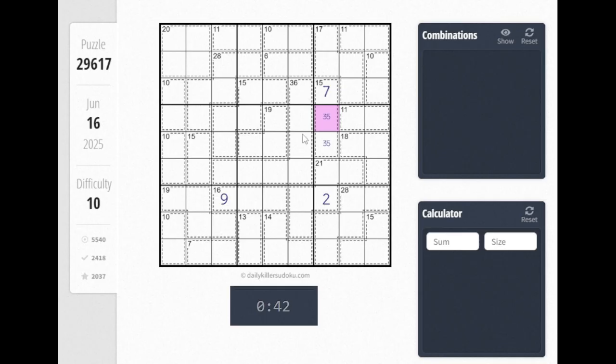Yep. 1, 2, 3, 4, 5, 6, 7. Not long enough. 2, 3, 4, 5. I think this has to be that. Can't be anything else. That's also there. This is a 7 now.